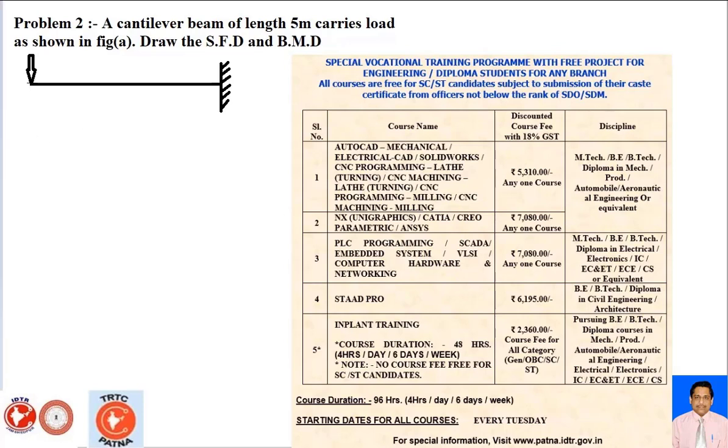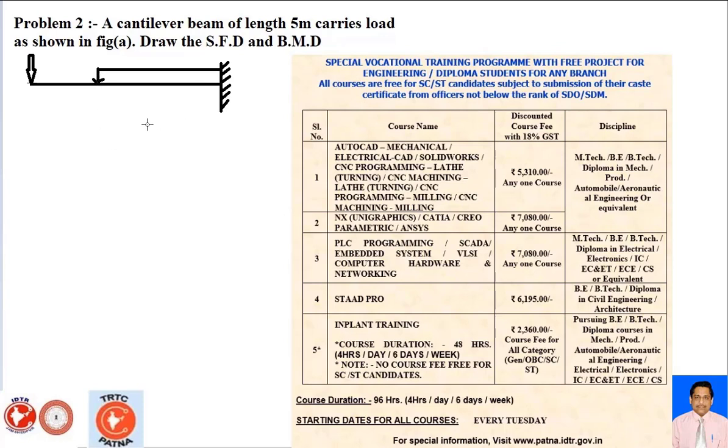And then after, you have to apply a uniform distributed load. Previously, we already taught you what is a uniform distributed load.